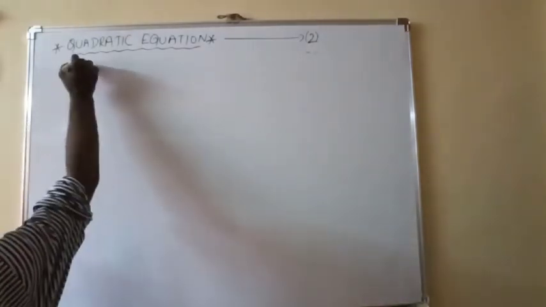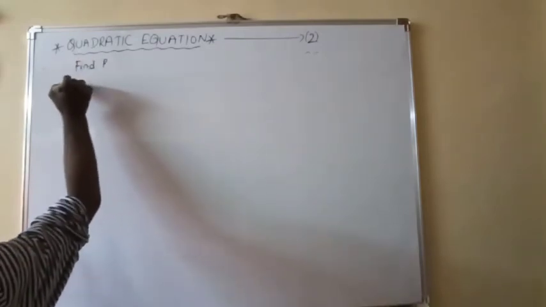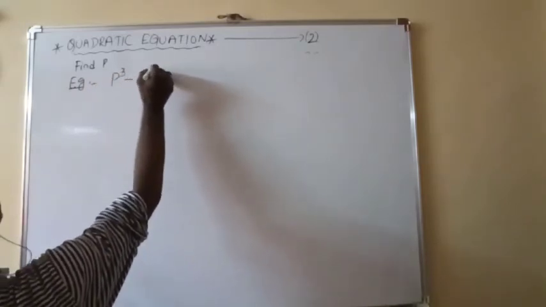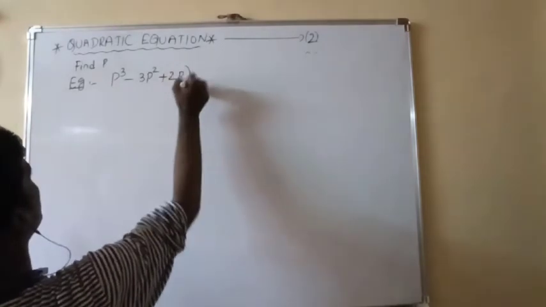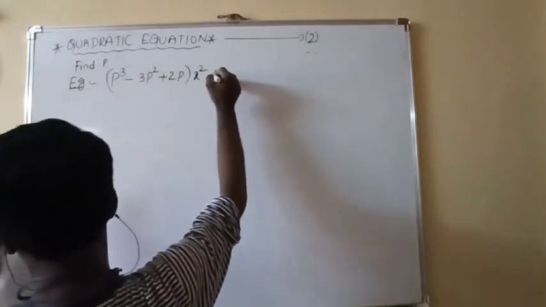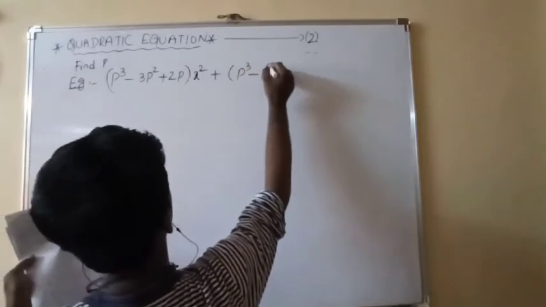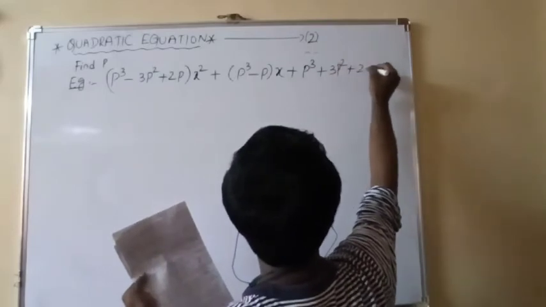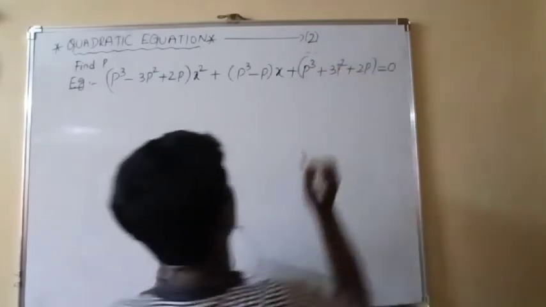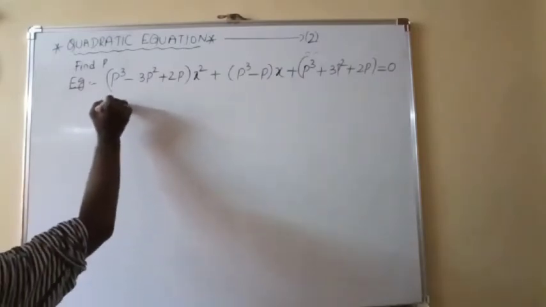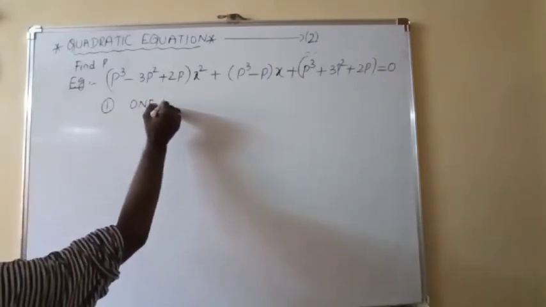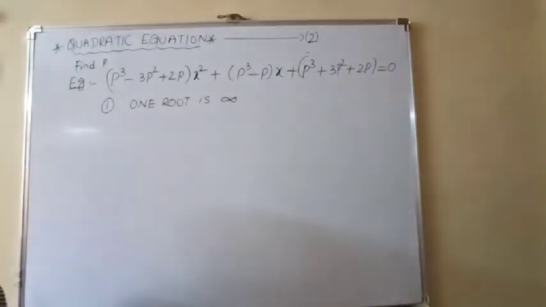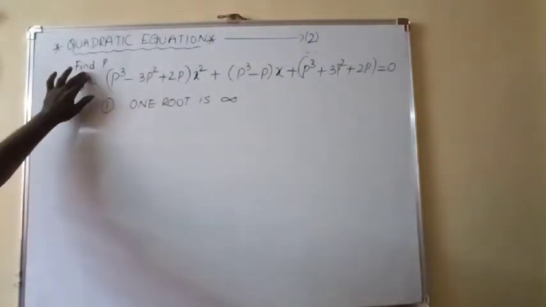Find the value of p such that (p cube minus 3p square plus 2p) into x square plus (p cube minus p) into x plus (p cube plus 3p square plus 2p) is equal to 0 has, first, exactly one root infinity. This is the first question; still two more are there. Find the value of p.